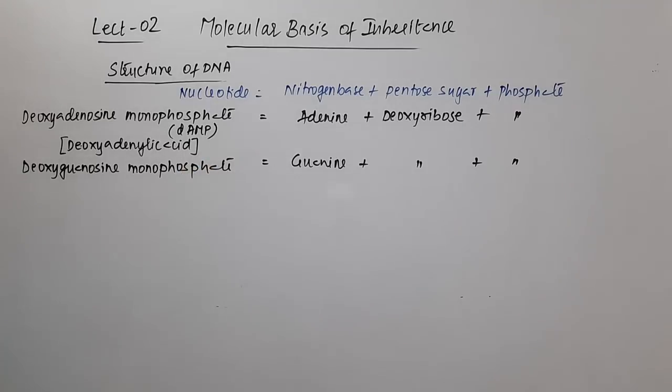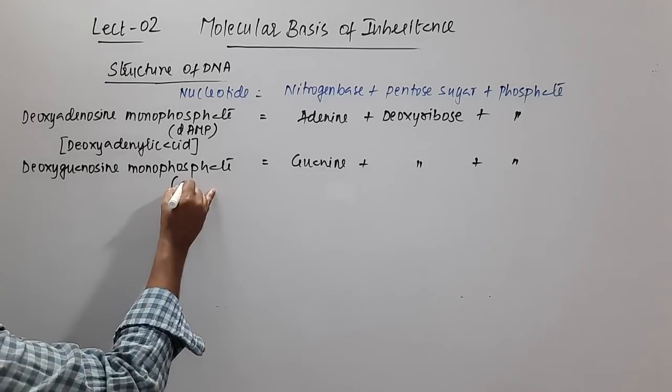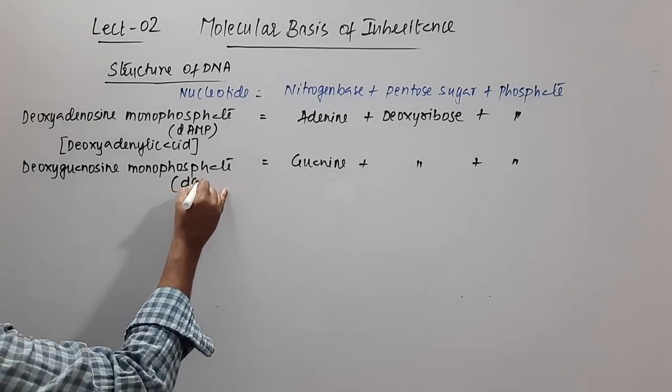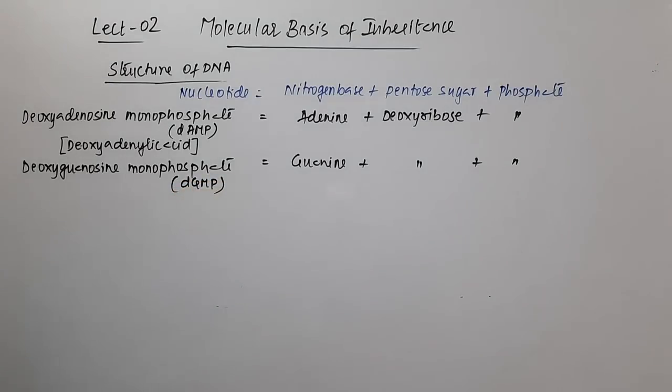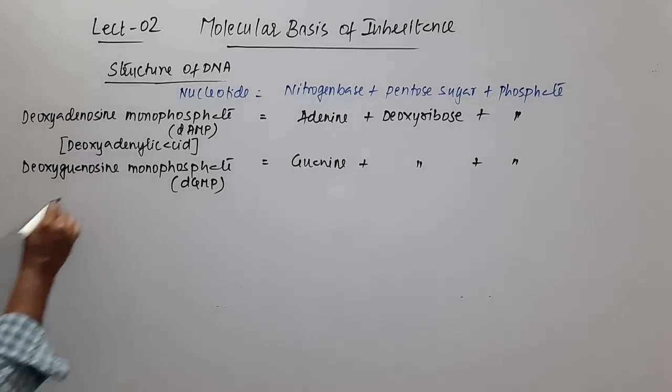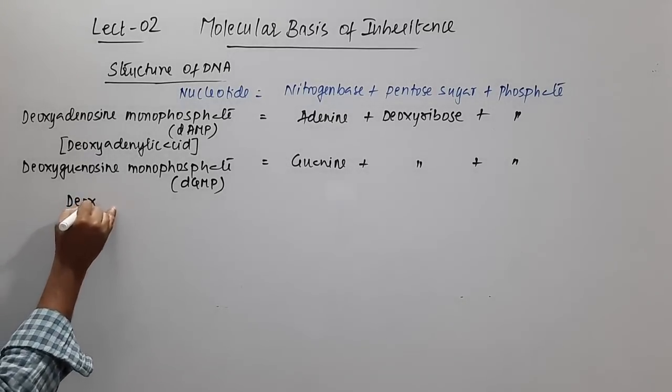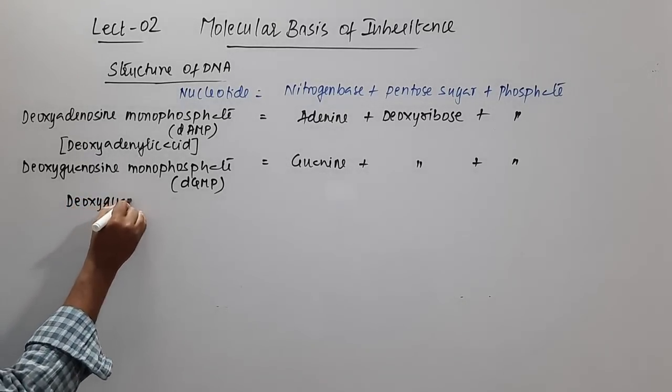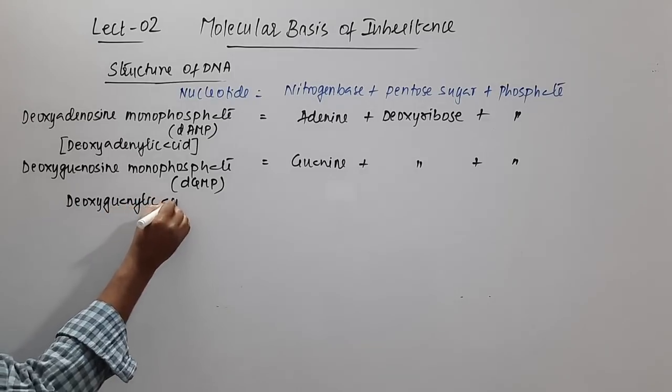In short it is called DGMP, right? In other words, I'll call it deoxyguanylic acid.